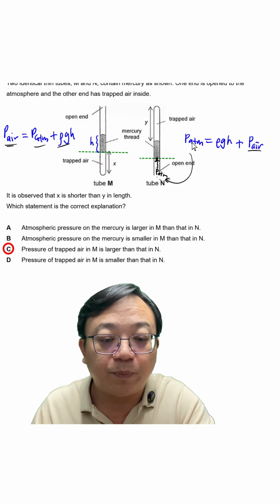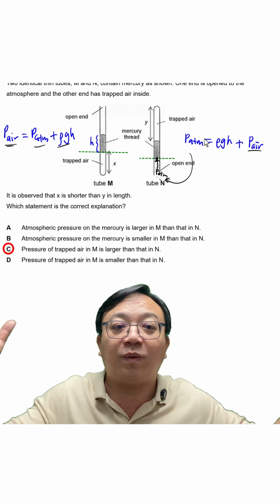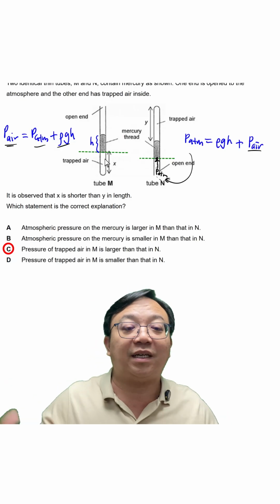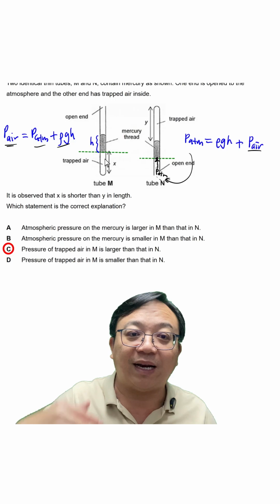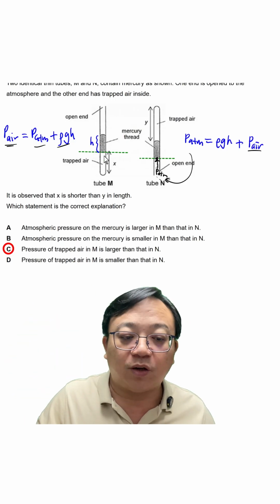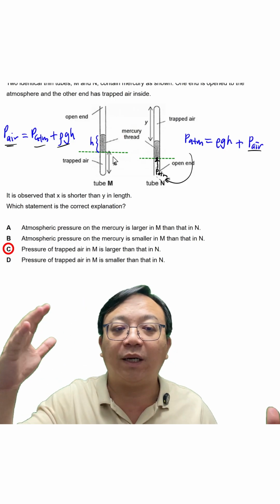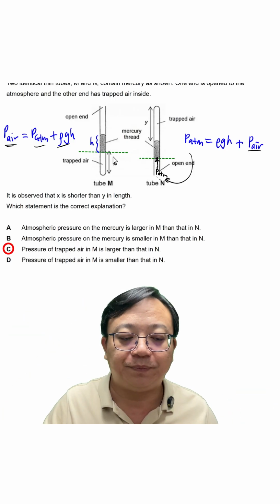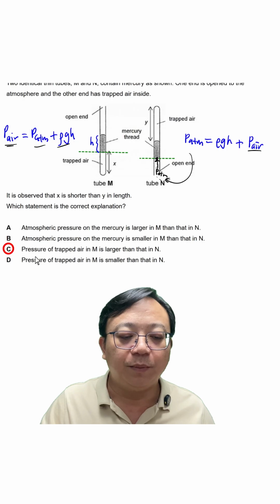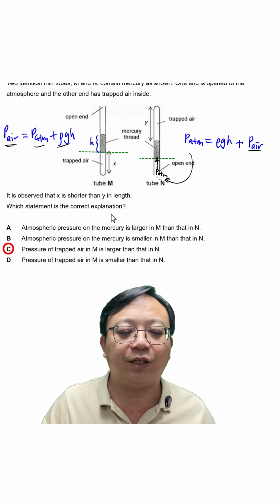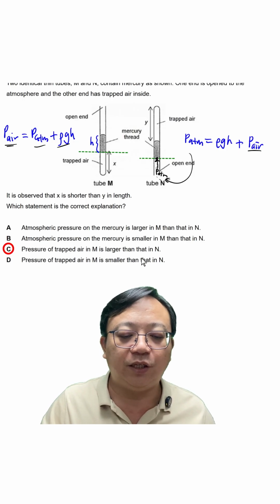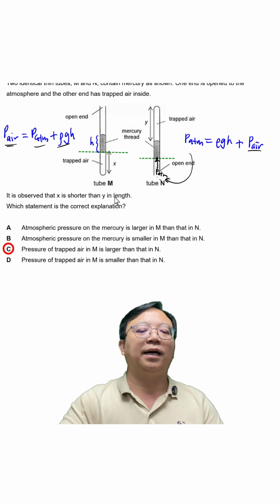This pressure of the air is ATM minus rho GH. So which one has highest pressure? Obviously, this one has higher pressure, right? And do you still remember, when higher pressure presses on this point, the volume will be lesser. The volume will be lesser when the pressure is high. Okay? So that's why pressure of trapped air in M is larger. That's what we can deduce from this question.